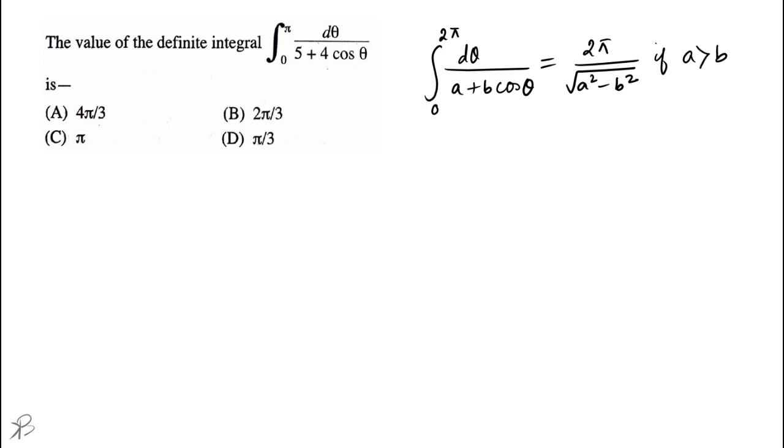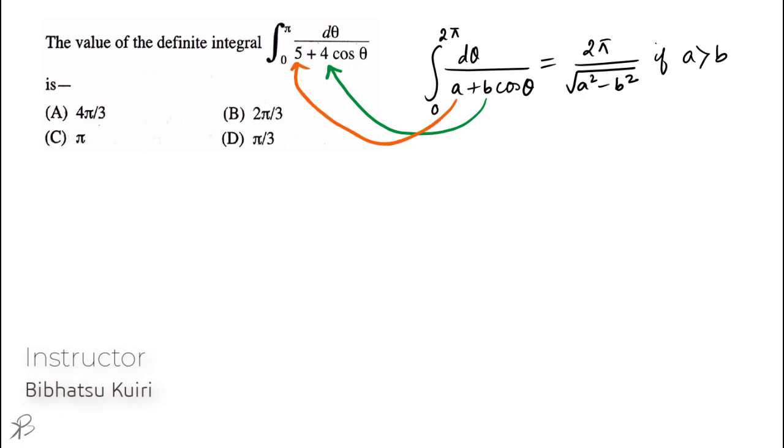Now if we compare the values, you will see that b is 4 and a is 5. So basically b is 4 and a is 5.